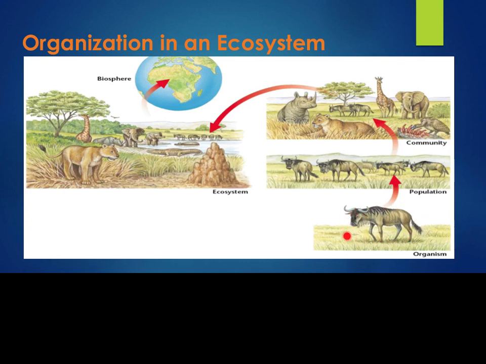That's one living individual. If you have a group of those individuals together and look at just the number of that individual, we have a population. Populations are all the same species, the same type of organism.